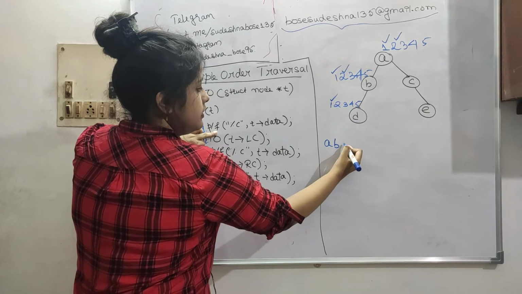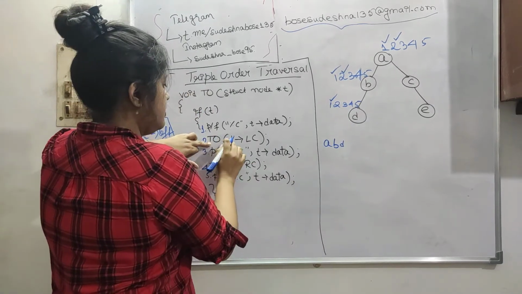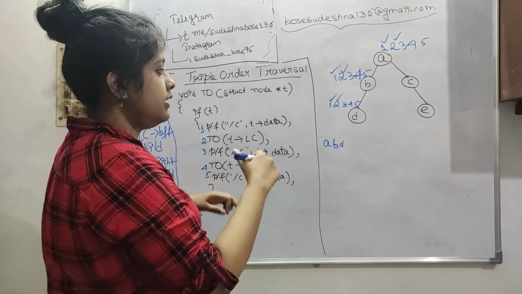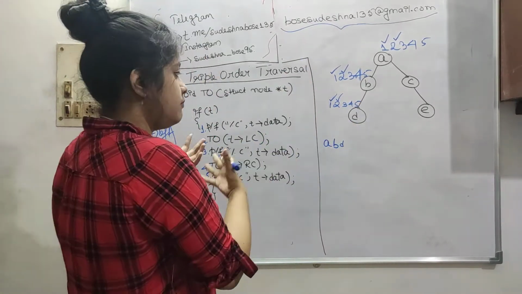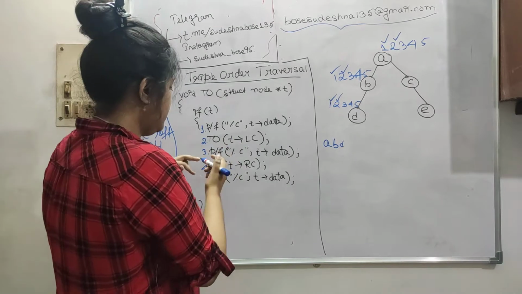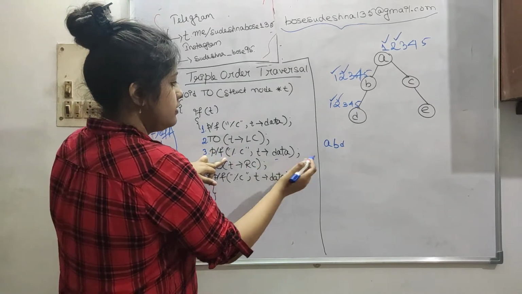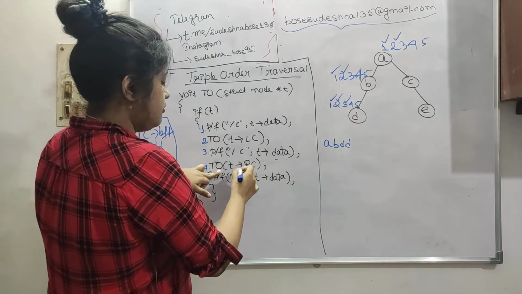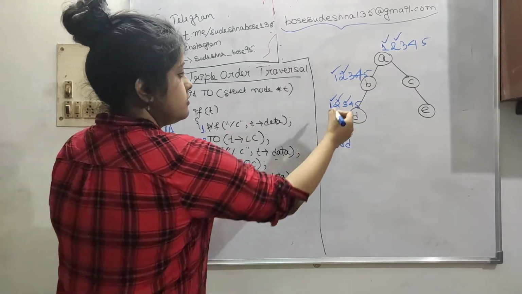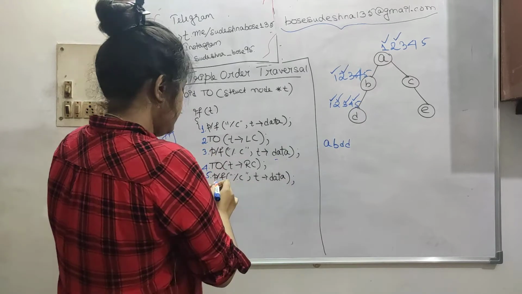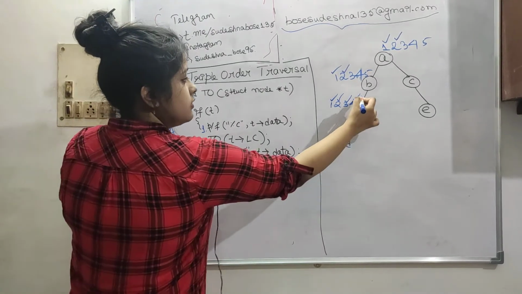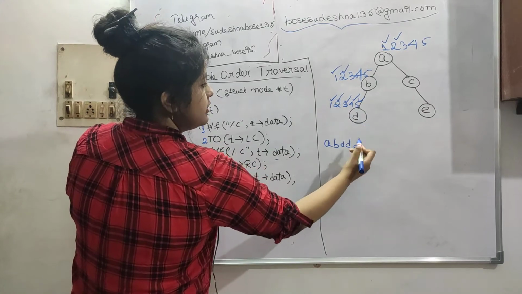So D is printed, again T arrow left child. We just put a tick, left child nothing is there, same as the previous one. Now number 3, again T arrow data, D is printed. Number 4, T arrow right child, nothing is there, so just put a tick mark here. And next is printf T arrow data, so we put D.